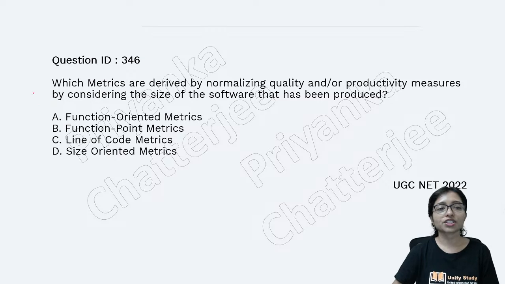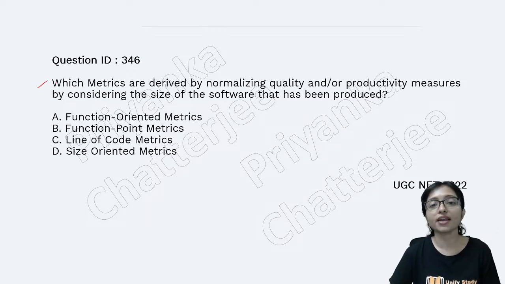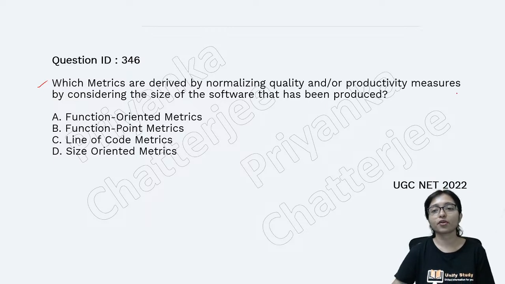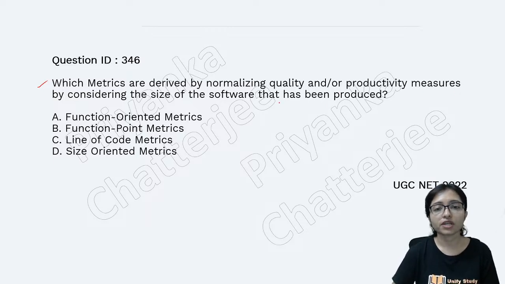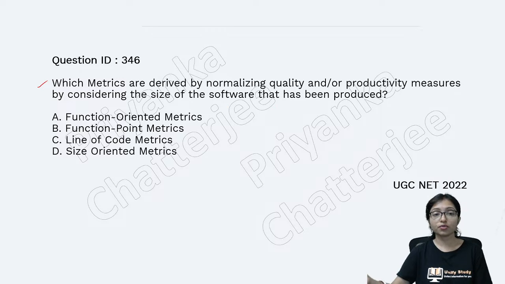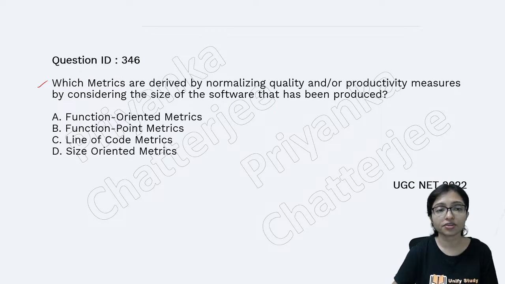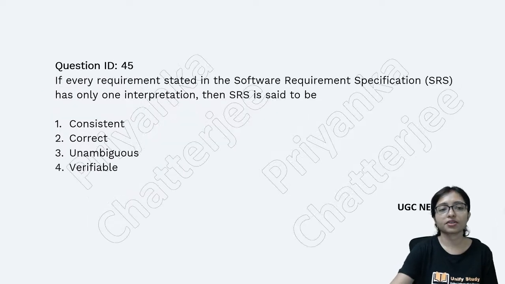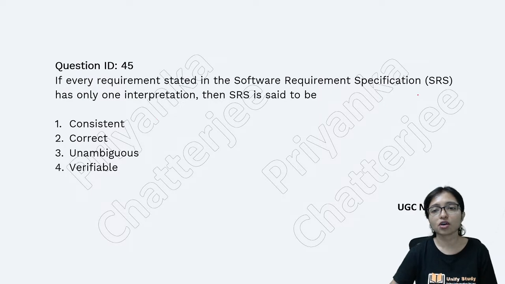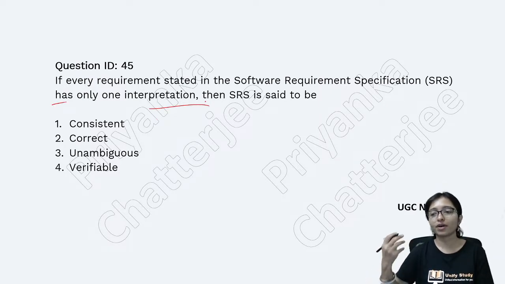Next question: which metrics are derived by normalizing quality and productivity measures of the software? Function-oriented metrics, function point metric, line of code metric, size-oriented metric. Another question: every requirement in the software SRS has only one interpretation. What is that?